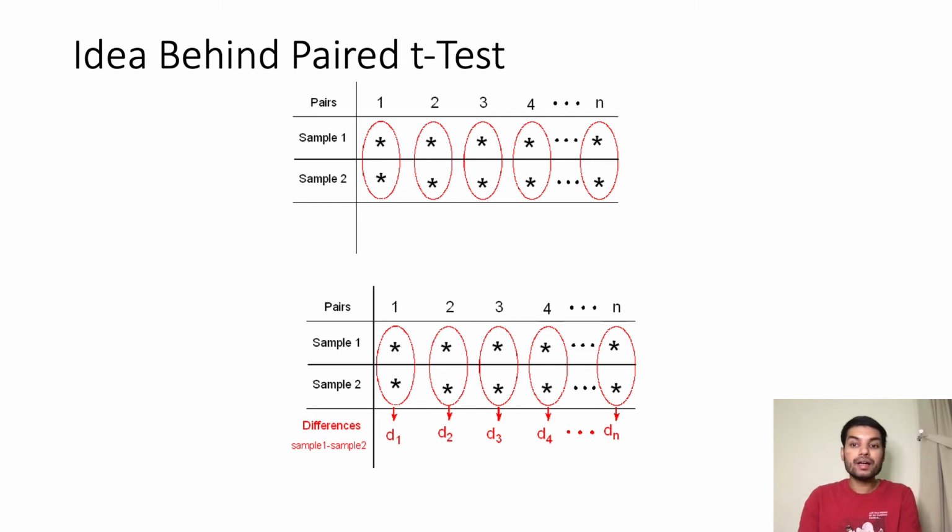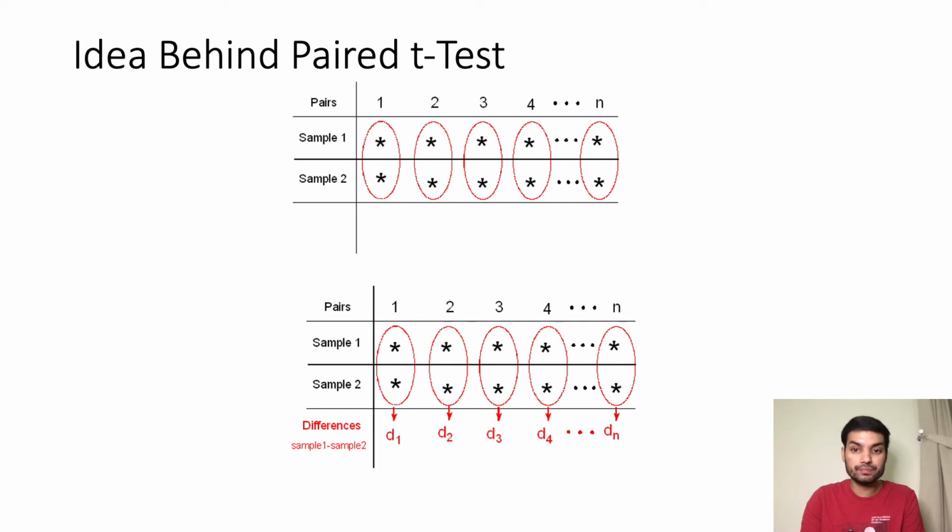We are simplifying our inference procedure to a problem where we are making an inference about a single mean, the mean of differences. In other words, by reducing the two samples to one sample of differences, we are reducing the problem from comparing two means to studying only one mean.